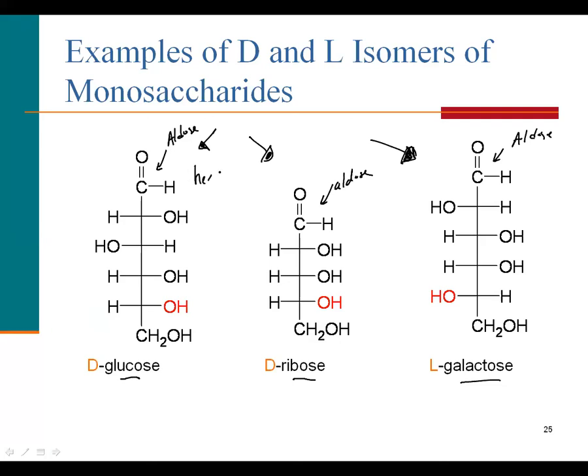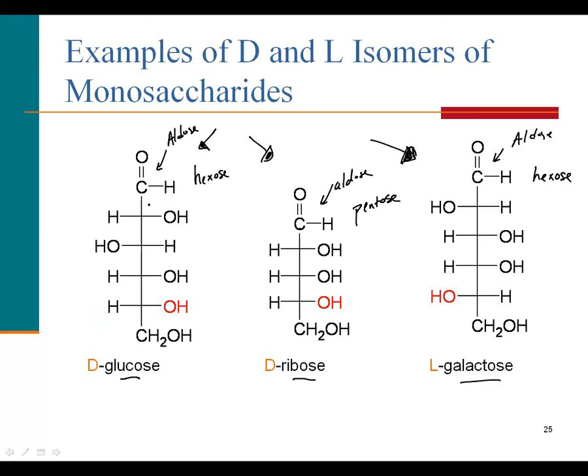It's a hexose. Ribose has 1, 2, 3, 4, 5 carbons. It's a pentose. And galactose has 1, 2, 3, 4, 5, 6 carbons. It is also a hexose.